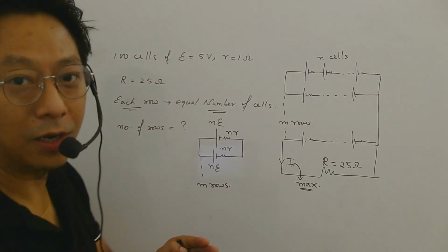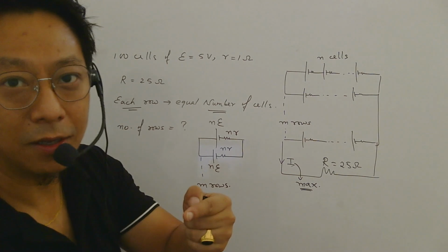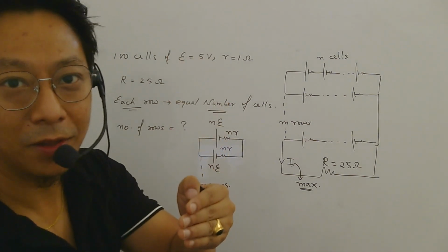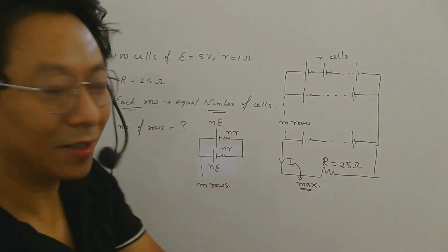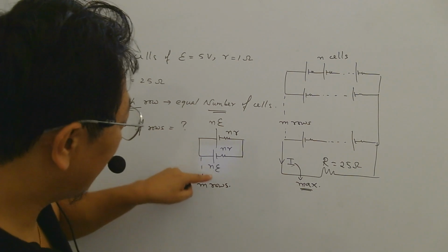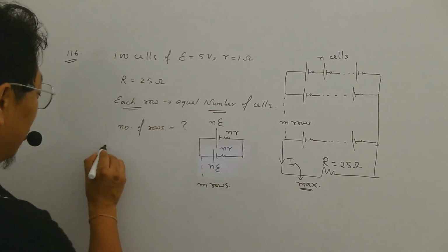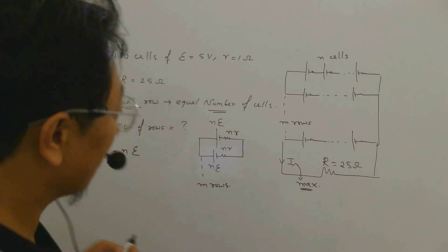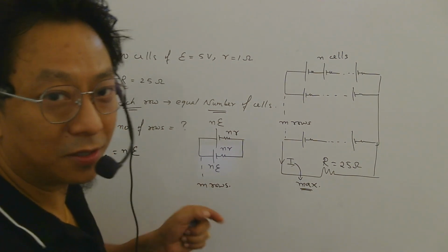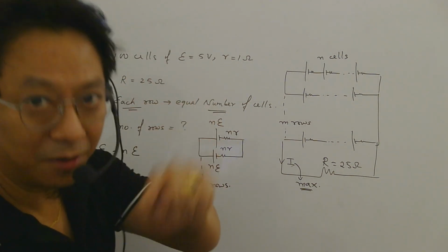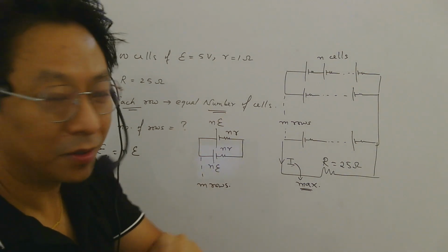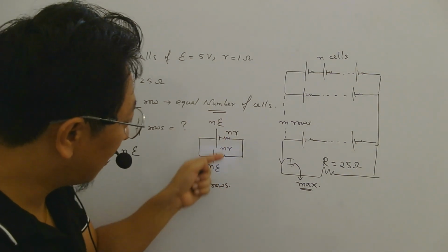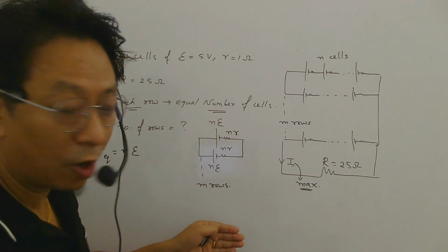Now just now we learned that if E and E EMF are in parallel, equivalent is also E. So if nE are in parallel, equivalent EMF will be nE itself. And internal resistance, if R and R are in parallel, we get R by 2. Here nr is in parallel how many times?